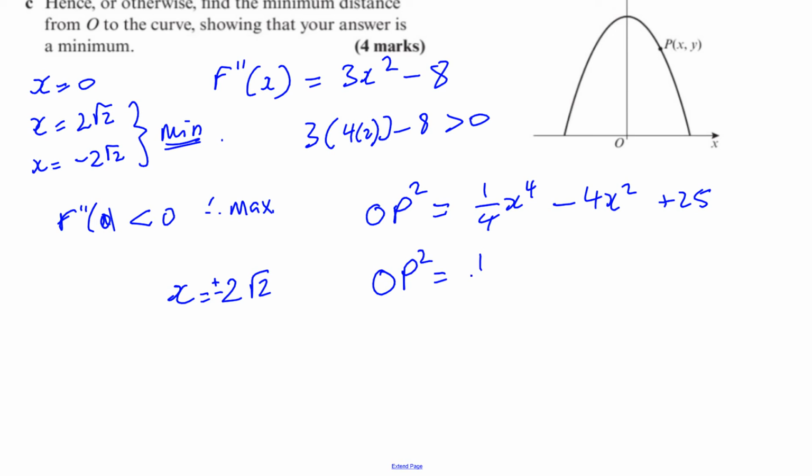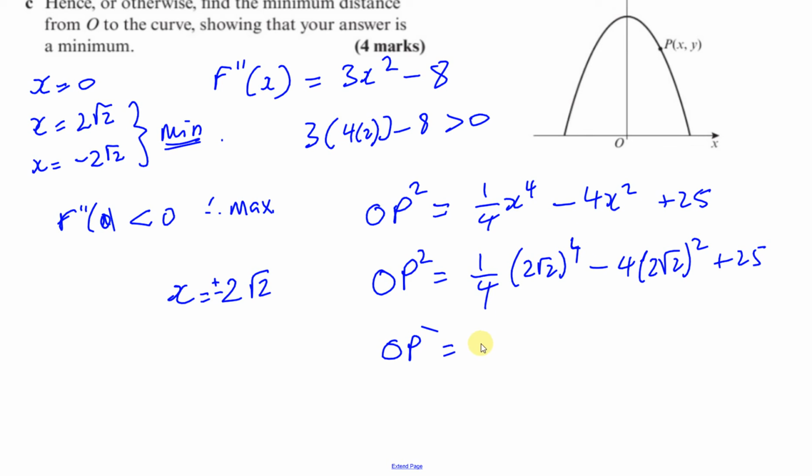It's going to give us a quarter times 2 root 2 to the power of 4, minus 4 times 2 root 2 squared, plus 25. So you get OP squared. That's a quarter.